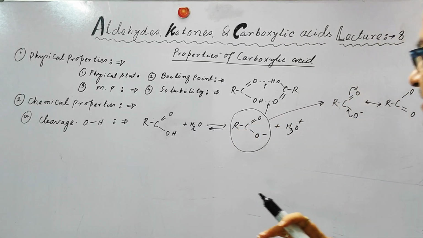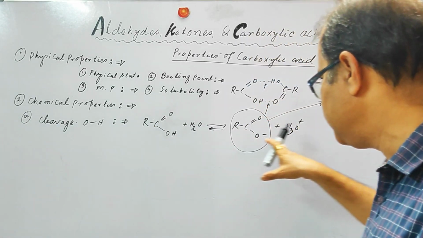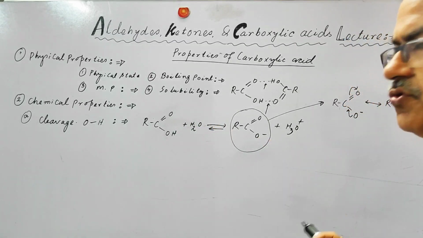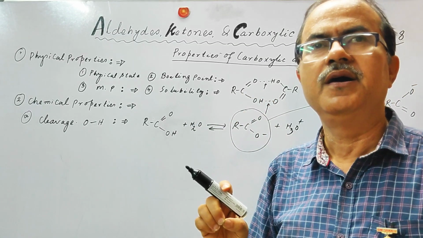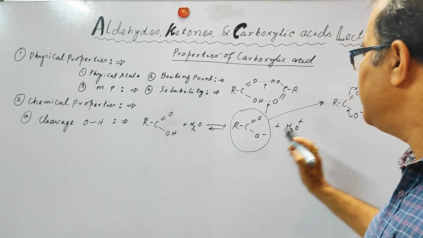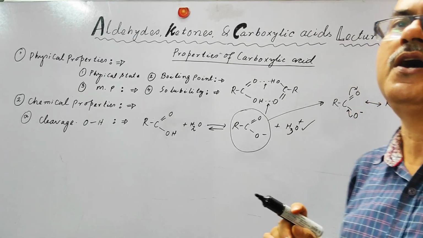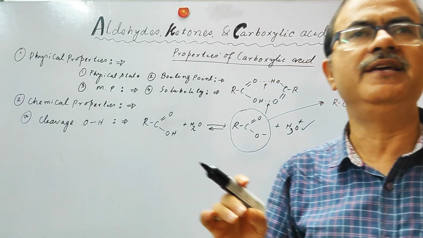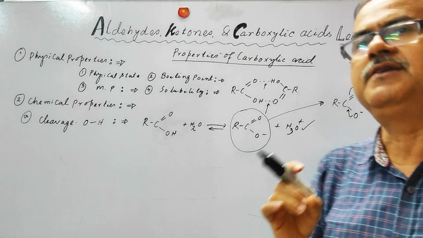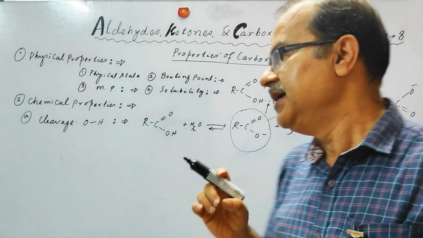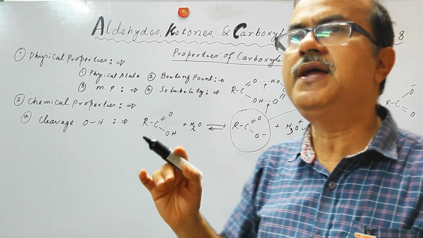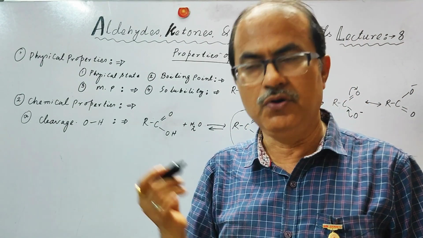When it is stabilized, the forward reaction occurs and produces the H+ ion readily. This means that it has a higher acidic property, more than alcohol or phenol.